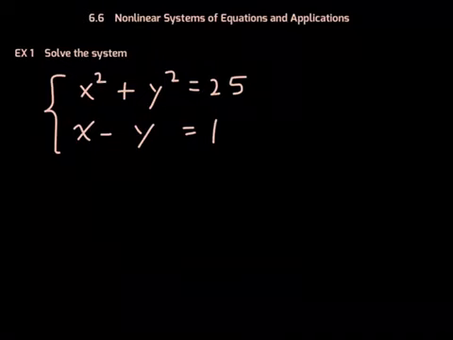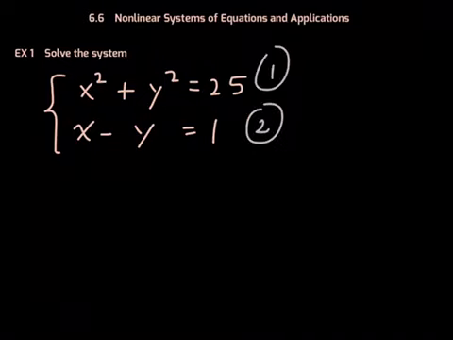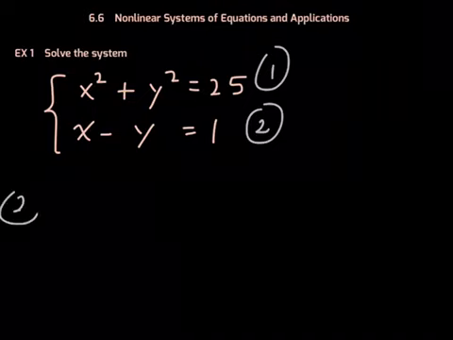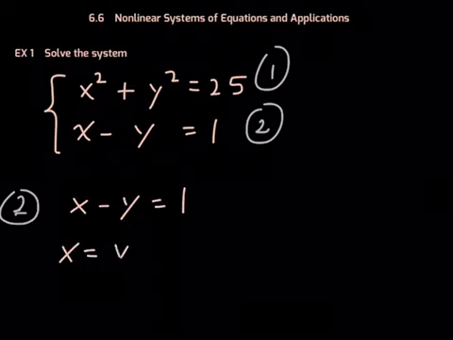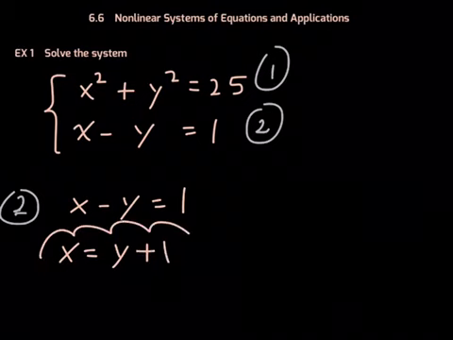I'm going to call this equation number 1 and then this equation number 2. So what I'm going to do is I'm going to solve equation number 2 for x, all right? Which simply means I'm just going to add y to the right-hand side. Okay, I'm going to highlight this because I'm going to come back to it later on.